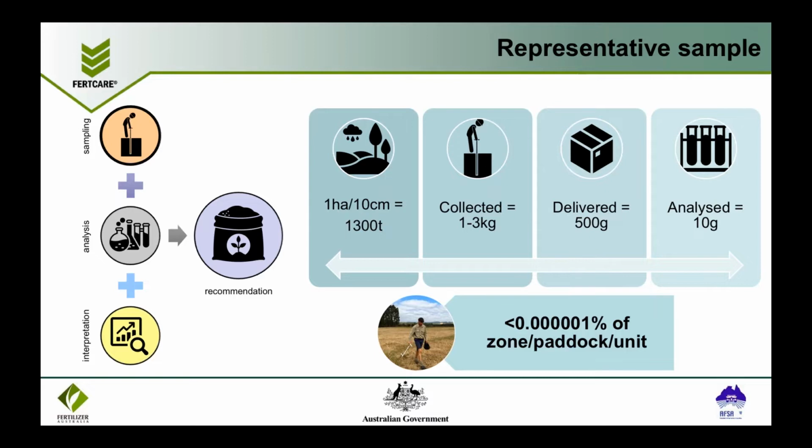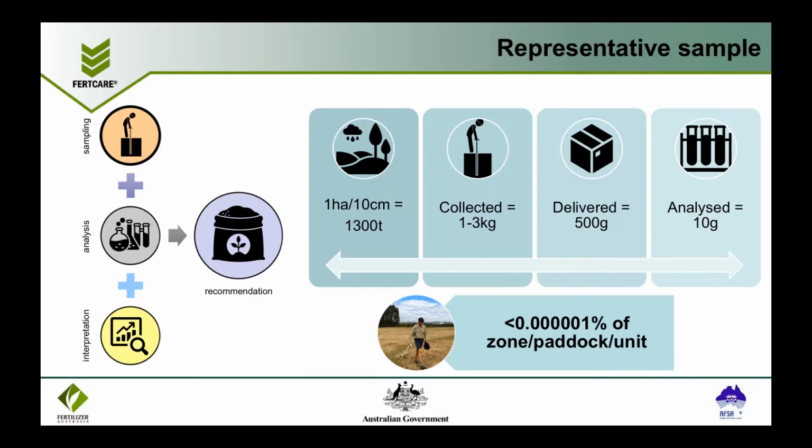So when you've got that kind of level of subsampling, starting with potentially 1,300 tonnes of soil in the 0 to 10 centimetre layer in a paddock or a block or a zone, and that's distilled down to 1 gram in the laboratory, then getting as representative a sample as possible is really important to everything that follows on from that sample.